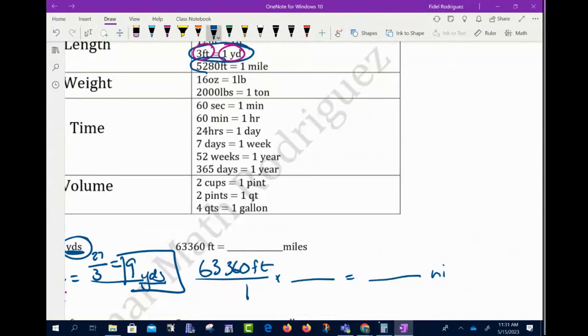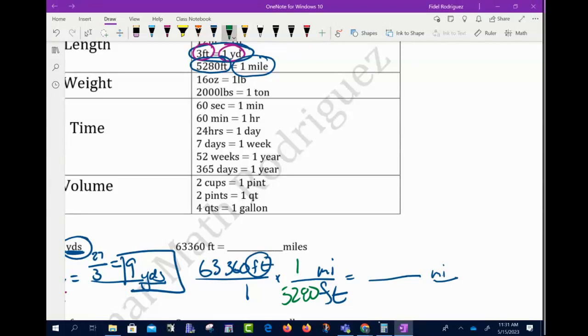We know that 5,280 feet is the same thing as 1 mile. Since I want to end up with miles on the top, I'm going to put miles here. Since I have feet here, I'm going to put feet right there. Now, I'm just going to fill in the numbers. 1 mile is the same thing as 5,280 feet.